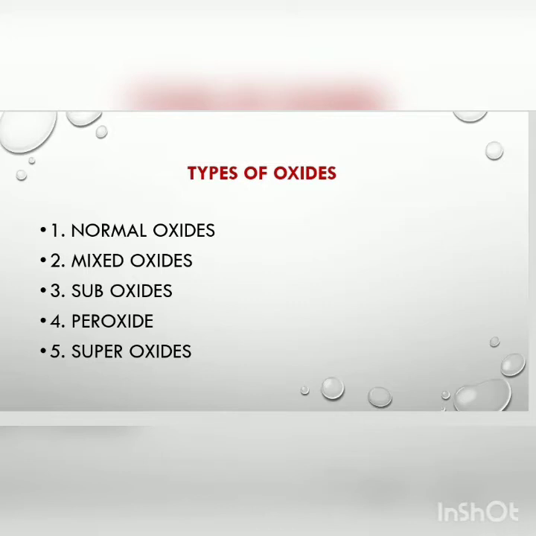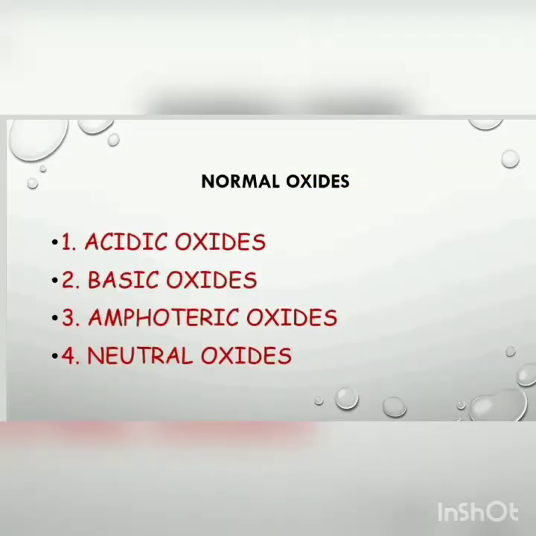A normal oxide or simple oxide is one carrying a number of oxygen atoms that the normal valency of its metal allows. For example, H2O, MgO and Al2O3 etc. Right.